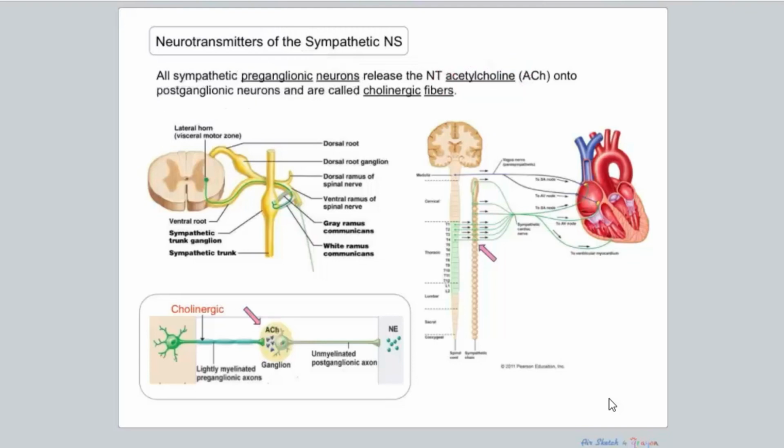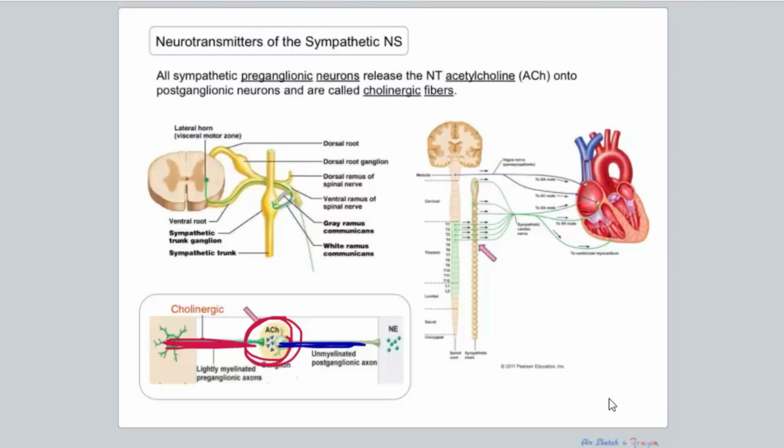So I forget what I said about the postganglionic neuron, but in the sympathetic nervous system, acetylcholine is released only by the preganglionic neurons, not by the post. So in the sympathetic system, all preganglionic neurons release the neurotransmitter acetylcholine onto the postganglionic neurons there.